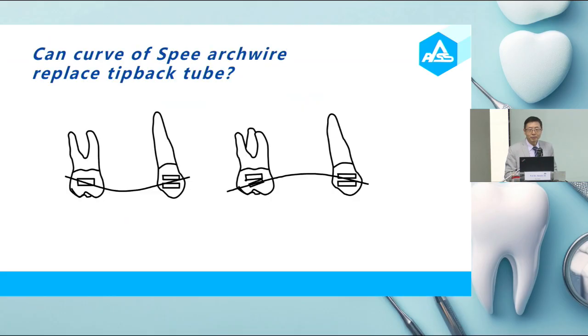You may think about another wire, the curve of Spee wire. Can the curve of Spee wire replace the tip-back tube? Well, when we use the curve of Spee wire in straight wire appliance, although the molar gets a tip-back moment, which is good for anchorage control, the canine gets a tip-forward moment, right?